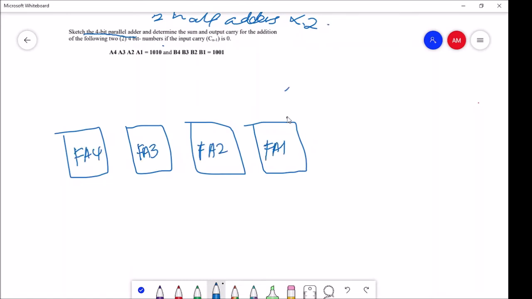Okay, now we need to insert the output for A, A1, A2, A3, and A4. Then we draw output B1, B2, B3, B4.